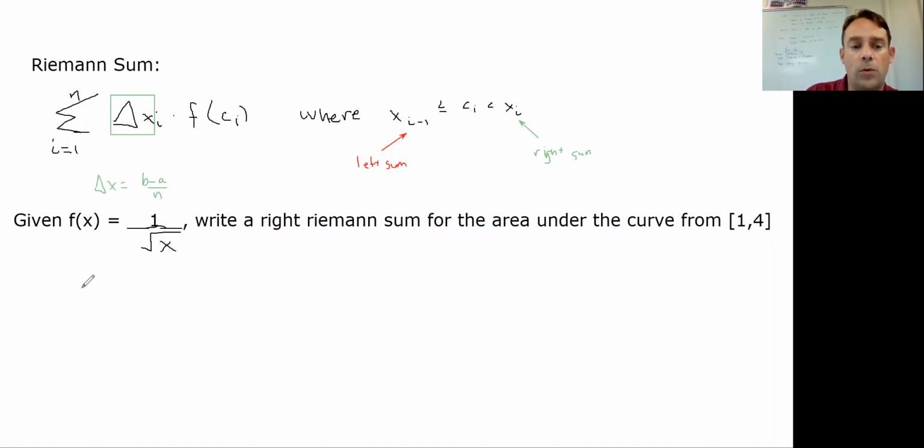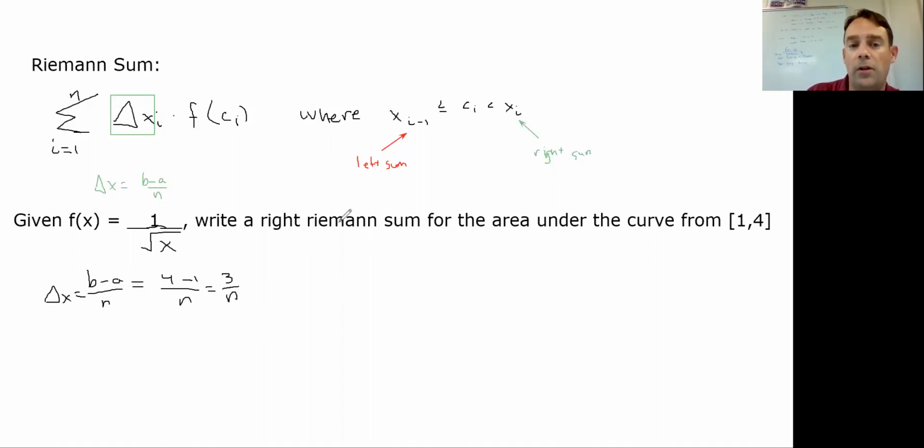So if we remember back, we need to first figure out what our partition length is, b minus a over n. So we've got to know what that is. And b is our upper bound, and a is our lower bound. So 4 minus 1 all over n, that would be 3 over n.